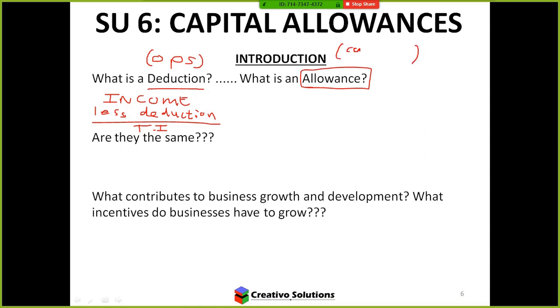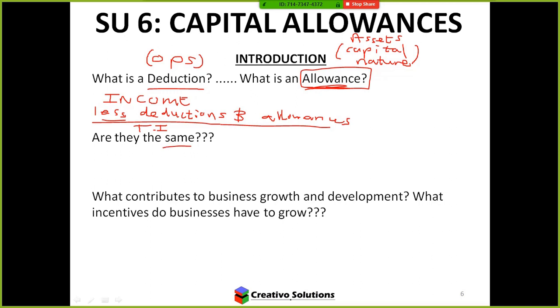There we go, yes, capital assets, capital in nature. Items that are capital in nature, which are generally assets. So any assets would have an allowance potentially, not always, but potentially. It's the same thing basically. So SARS says you can less deductions and allowances. That's what we're looking at here.